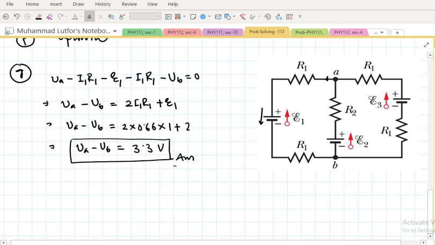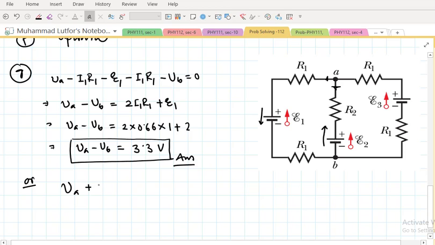Or if you choose a different branch, say I start from point A, I know the net current through that branch is in that direction, but I'll come in the opposite direction. So I write VA, and this time the net current through the resistor is upward.